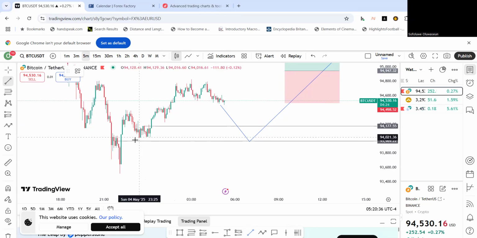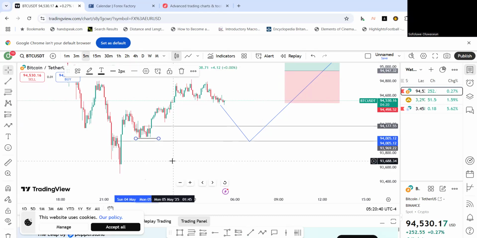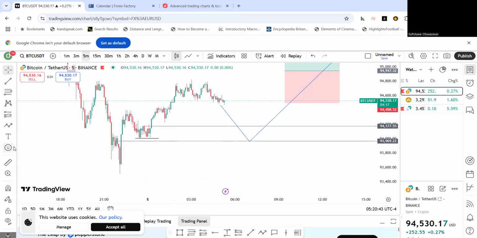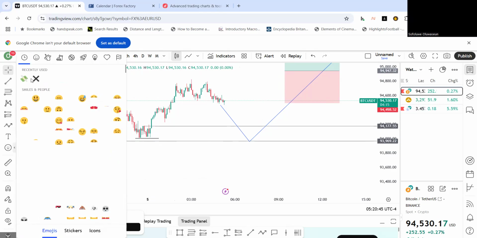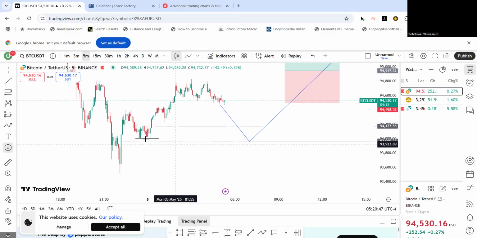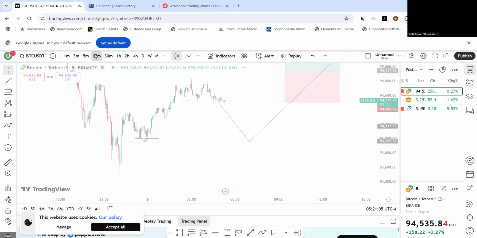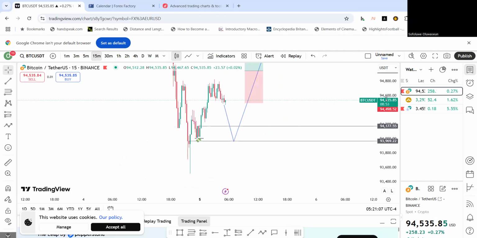So I'm looking at some liquidity points here. Price might come to this place and bounce off, or clear this liquidity, come to this point, then bounce off. So I'm looking at two entries there.